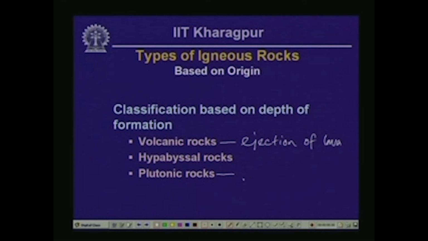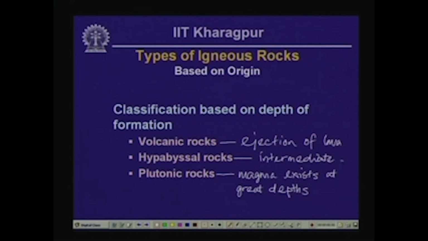Then plutonic rock is when magma exists at great depths, and this one, hypabyssal, is really an intermediate state in which magma occurs at a shallow depth, but nevertheless the rock formation takes place underground.